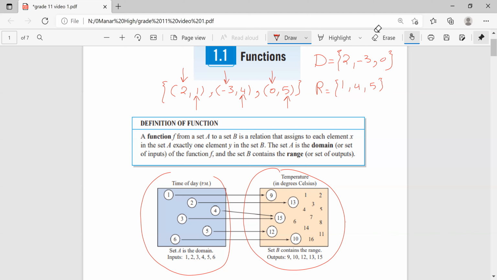Let's see here the inputs of this relation: 2, -3, and 0. 2 corresponds to 1, -3 corresponds to 4, and 0 corresponds to 5. So each value in X corresponds to only one value in Y, which means that each input corresponds to only one output. Then this is a function.